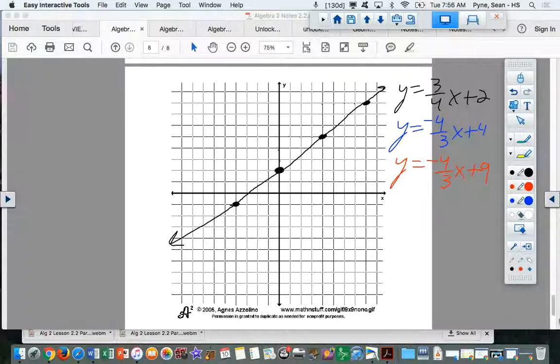Graph the other two. The -4, there's one negative and one negative. You only make one negative motion. So for -4/3, you either go down, which is -4, or you go to the left, 3. Only one of them is negative, the other one's positive. Okay? When you have a negative slope, guys, you only do one negative motion, which means you go down or to the left.